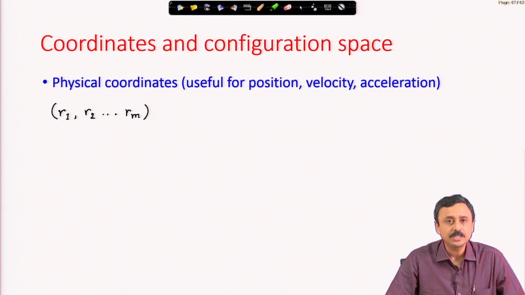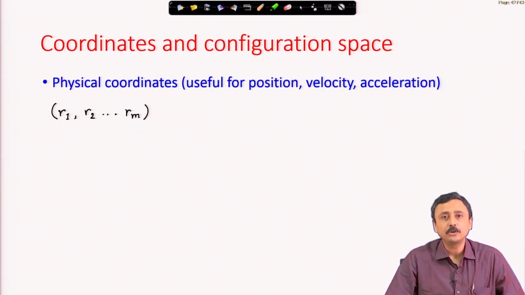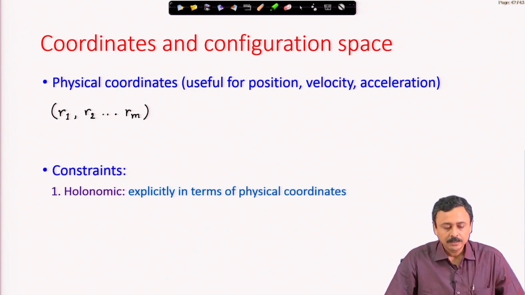So, suppose we have x g, y g, z g of a body, the center of mass coordinates, then they become R1, R2, R3, and orientation, suppose another 3 coordinates psi, theta, phi, let us say yaw, pitch and roll, then they will become R4, R5, R6. So, Ri will represent a physical coordinate.